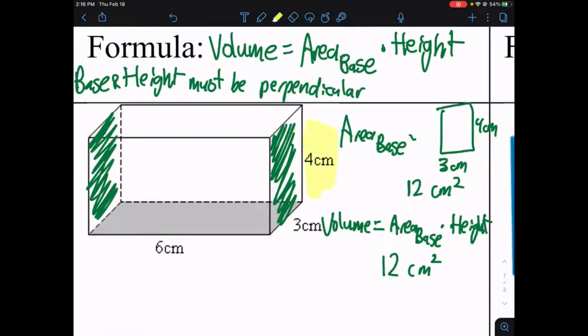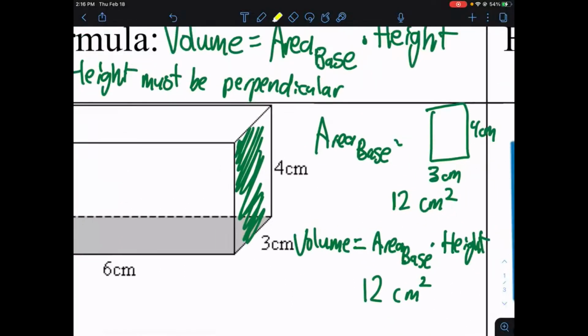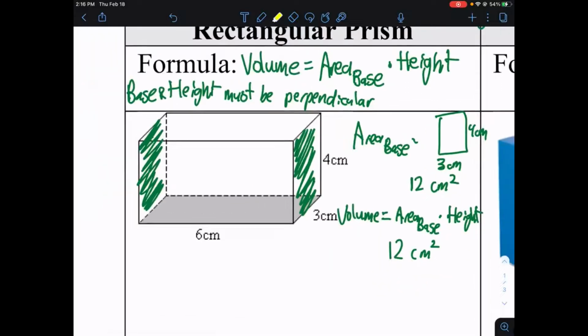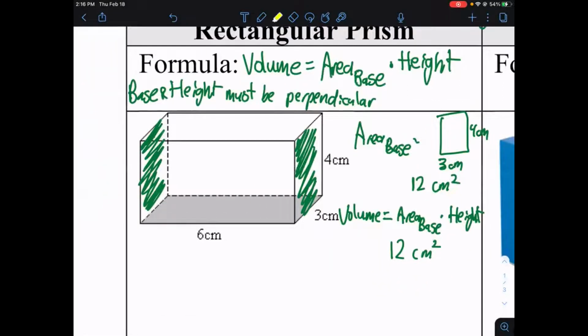That must be the height. However, in this shape, 4 is not the height because the 4 is actually part of the base, so it can't be the height. The height is the distance between the opposite faces, right? So the height connects this side to that side. Okay, so the height would then be this distance.